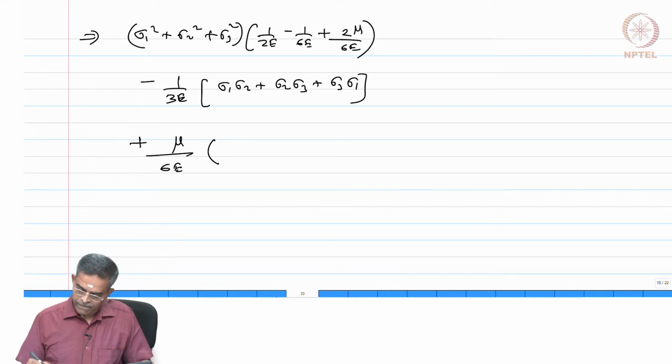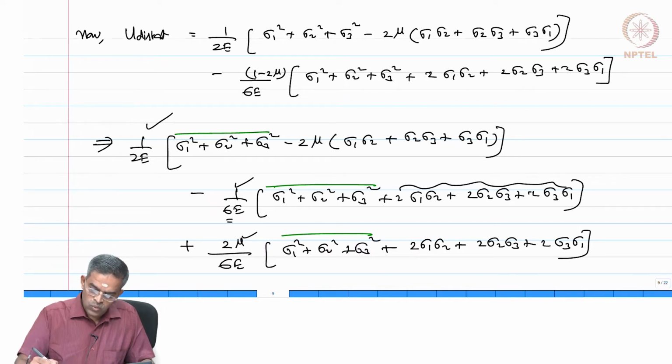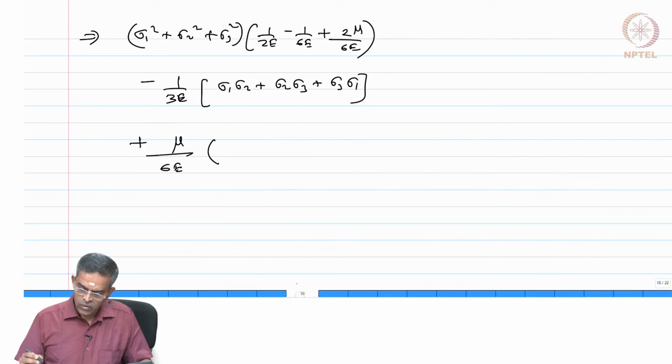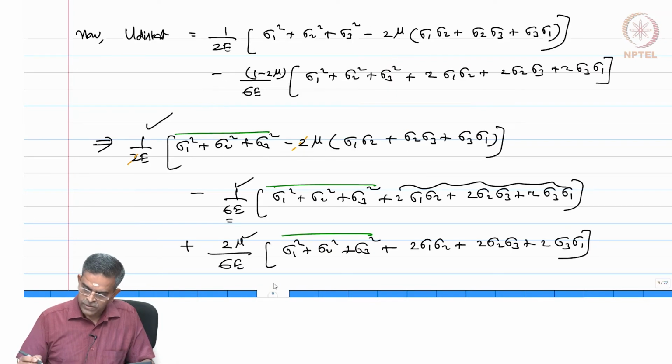I can say here I get only μ by 6E, where I also have μ by 2E here, because the 2 and this 2 go away, so μ by E, so I can now say it is going to be 6 times of σ1σ2, σ2σ3, σ3σ1, that is these terms.